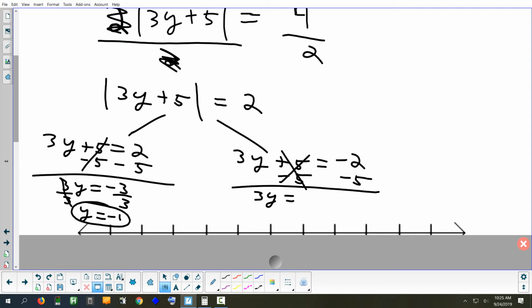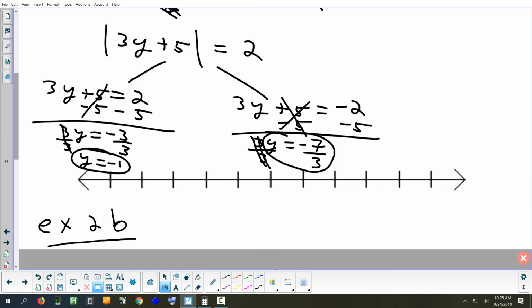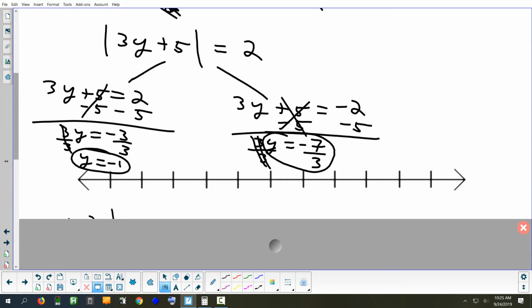Negative 7. And now my last step, same as I did over here, divide by 3. So divide by 3, divide by 3, and that's my answer, negative 7/3. Now, when I graph that, I'm probably going to use a calculator to help me, so I can change it to a decimal.